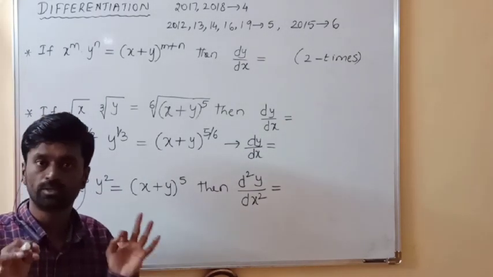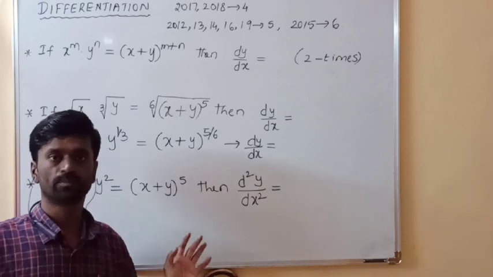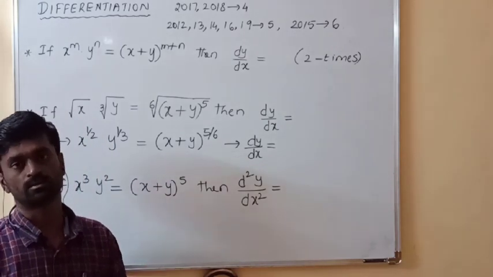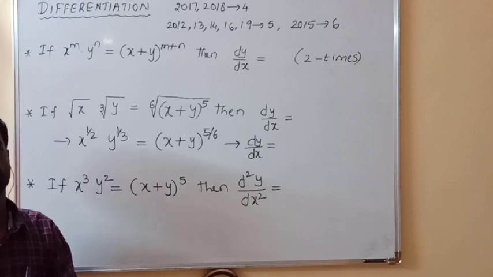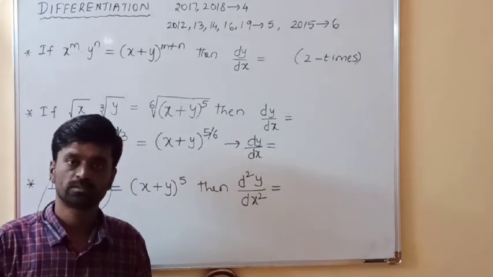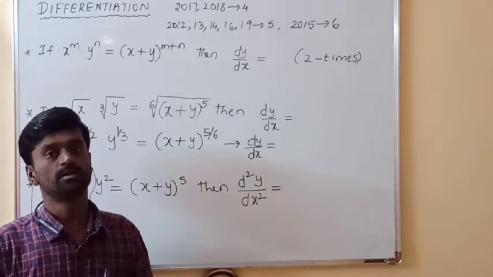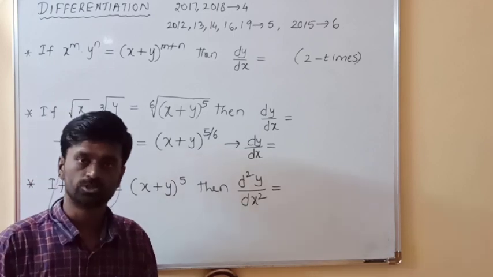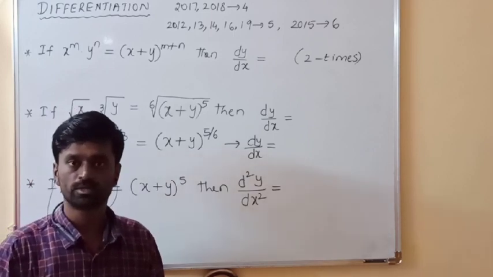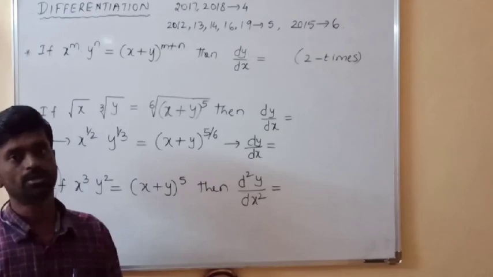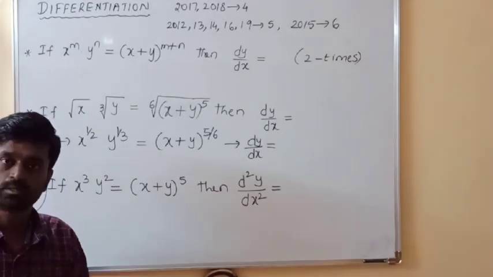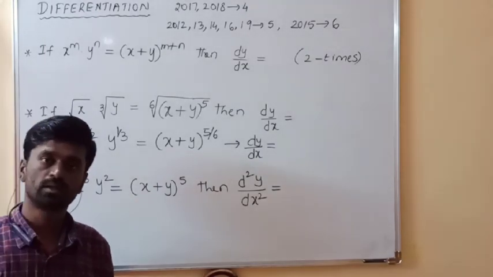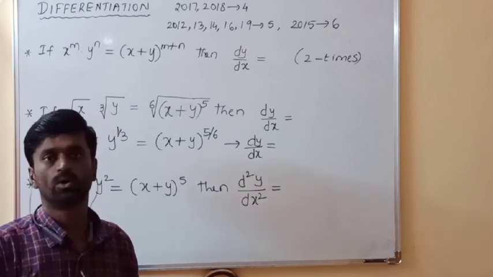If the degree of every term in that equation is the same, then that equation is homogeneous. And if the given equation is homogeneous, then dy by dx is y by x and d square y by dx square is 0. That means the first derivative is y by x and the second derivative is 0. That means the third derivative, fourth derivative, and higher derivatives are also zeros only.